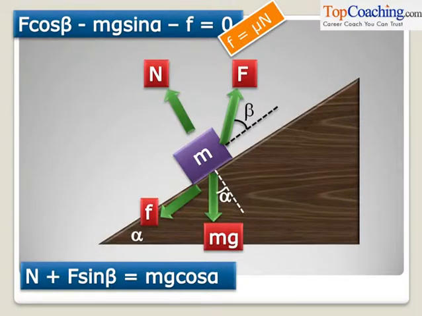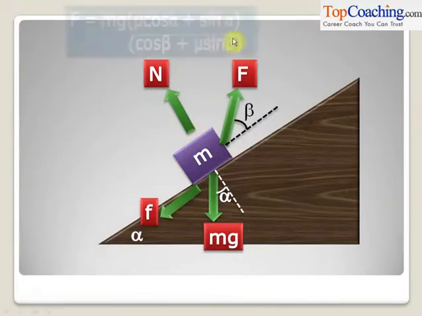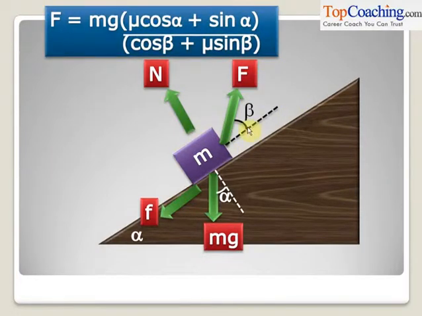So we put small f, or the friction force, as mu into N. When we substitute the friction force as mu N, and when we solve these equations, we get the value of the force capital F that must be applied to move the small block m up the plane as mg into mu cos alpha plus sin alpha divided by cos beta plus mu sin beta. This is the minimum value of the force capital F.